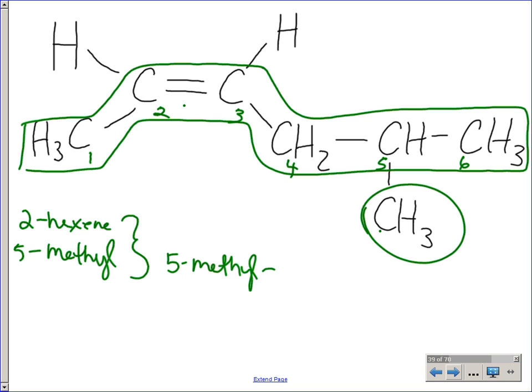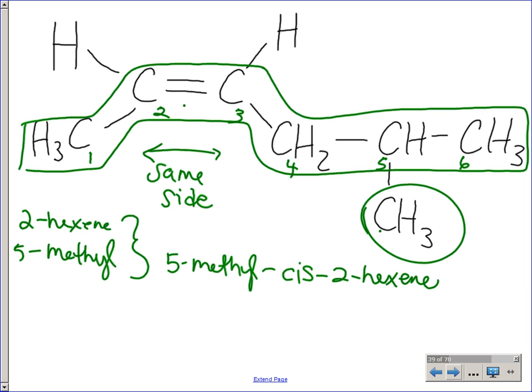So since these are on the same side, this geometric isomer's label is cis. This is where we put cis in, and then we go ahead and finish off the 2-hexene. So cis goes right before you add the information about the double bond.